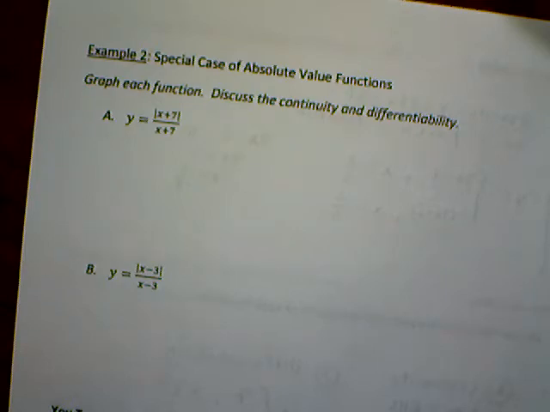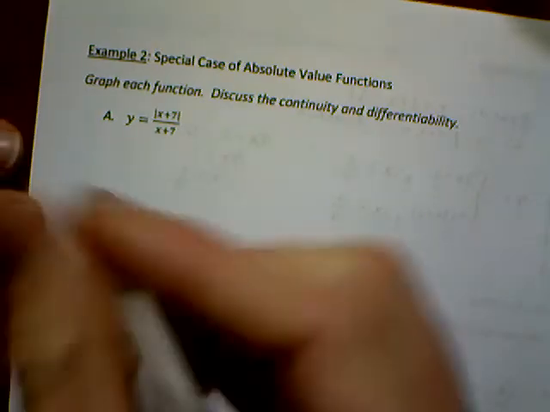All right, so the first thing is I'm still going to rewrite this as a piecewise function because it's an absolute value function. You can always take absolute value functions and write them as piecewise.